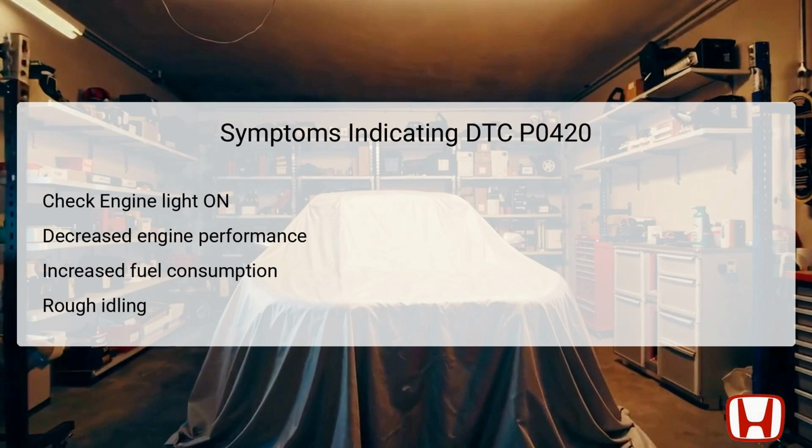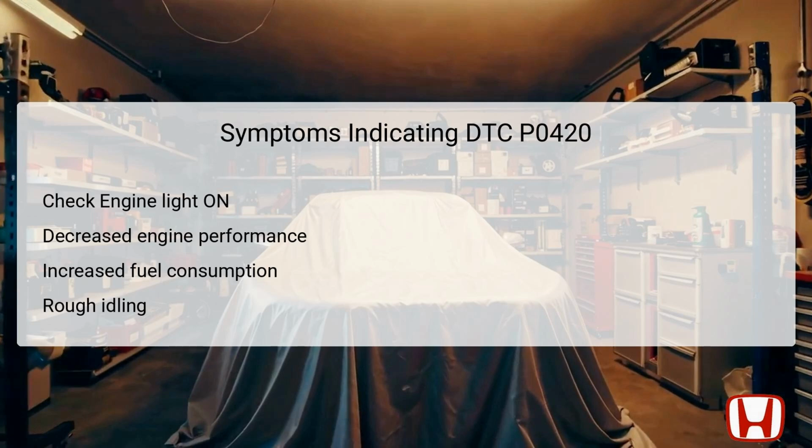Furthermore, there can be an increase in fuel consumption due to incomplete combustion or the engine working harder to compensate for the reduced efficiency of the exhaust system. In some instances, rough idling may also occur, leading to an inconsistent engine running condition. Each of these symptoms can significantly affect the driving experience and indicate the urgency of diagnosing the underlying issue related to the catalytic converter.